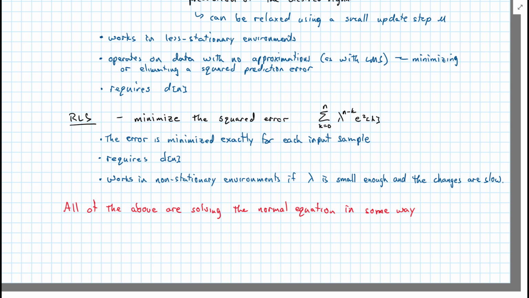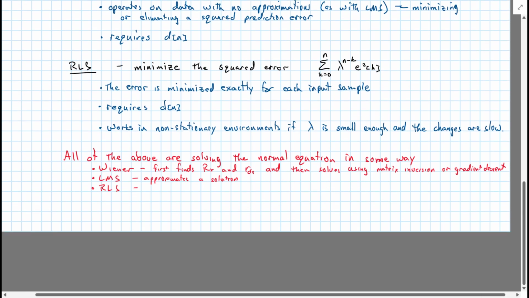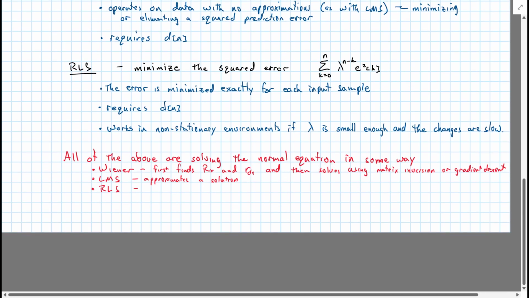For example, Wiener LMS approximates the solution. RLS solves the normal equation recursively and exactly, but using numerical estimates effectively of Rx and Rdx.